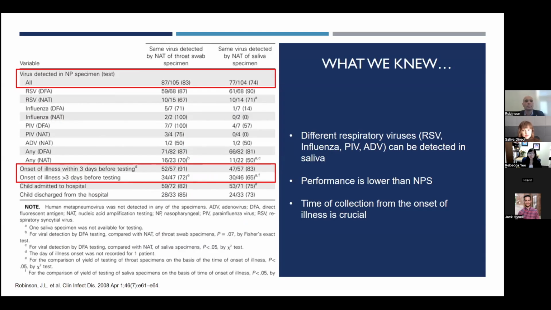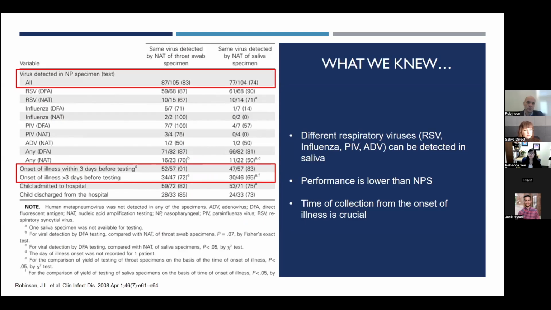This study was actually published prior to the COVID-19 pandemic, back in 2008. I would say this was a great proof of concept study to show that you can detect respiratory viruses such as RSV, influenza, parainfluenza, and adenovirus in saliva, although the performance is lower than NP swabs.